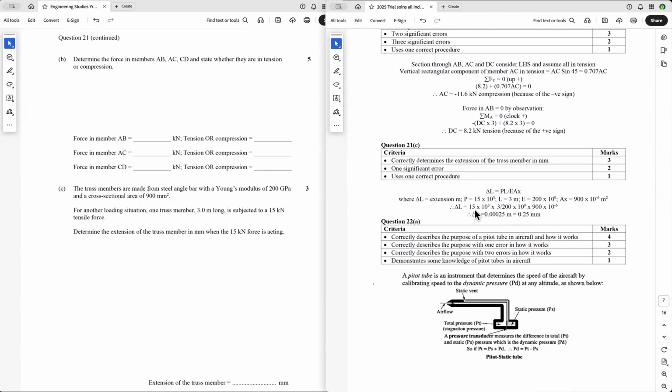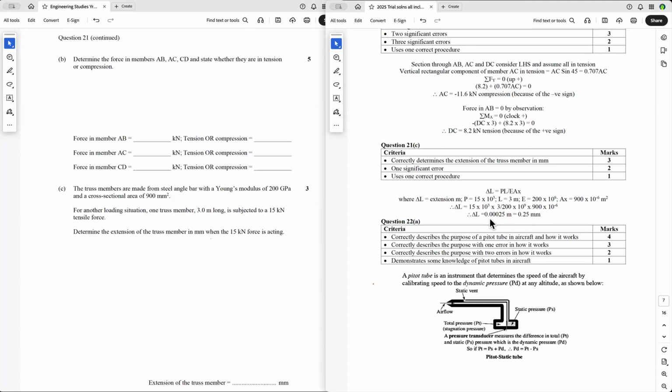So we've got delta L is equal to P, the load, which is 15 times 10 cubed, times the length of the member, which is 3 meters, divided by the Young's modulus, which is 200 times 10 to the 9, 200 gigapascals, and divided by 900 square millimeters, converted to meters, so you multiply it by 10 to the minus 6, of course.